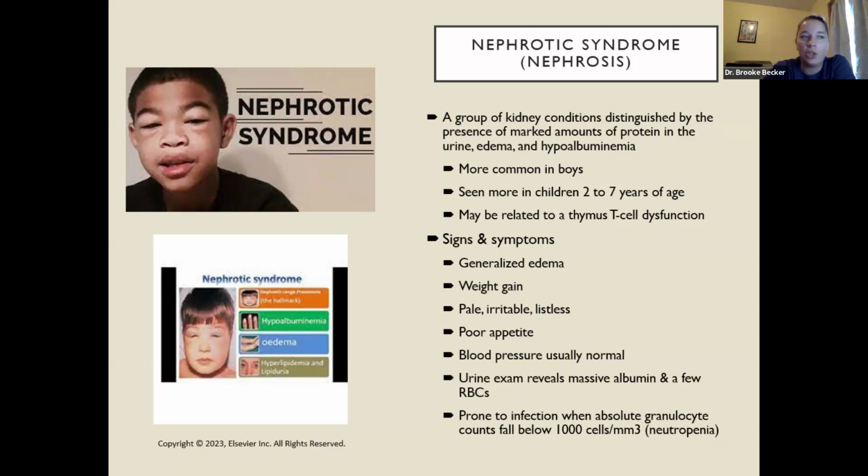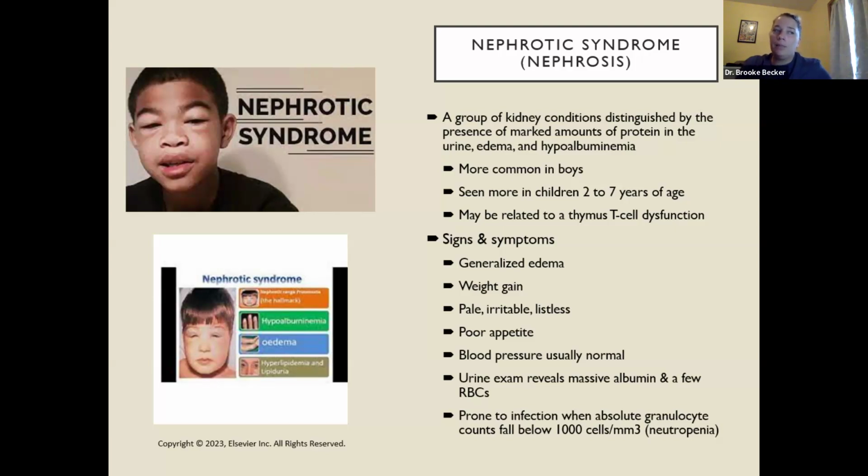So looking back to our question earlier, it was probably nephrotic syndrome, right? No. So these kids are also going to have distension of their bladder, but when you do check their urine, they're going to have a lot of albumin in their urine and very few red blood cells.